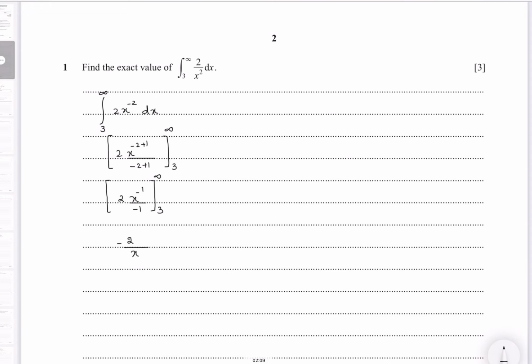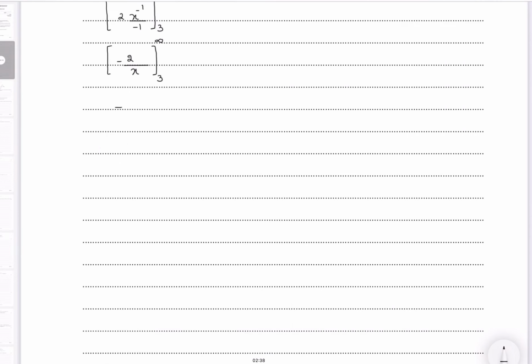We have to make the exponent positive and put in the limits: upper limit minus lower limit. Wherever we see x, we first place the upper limit, then minus the lower limit. So minus 2 over infinity minus, minus 2 over 3.